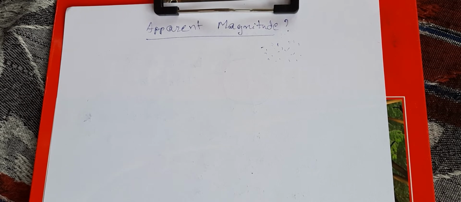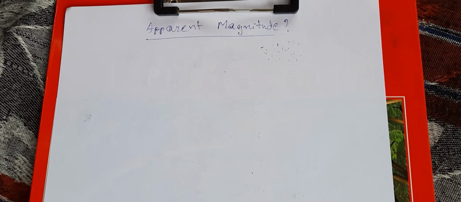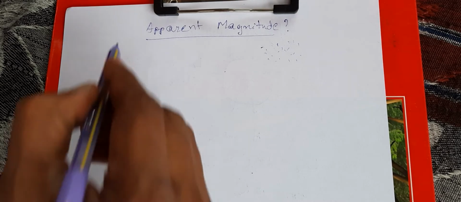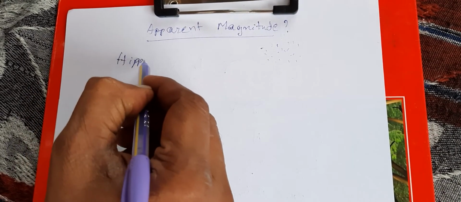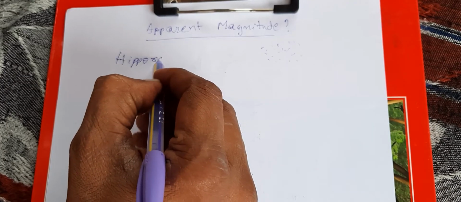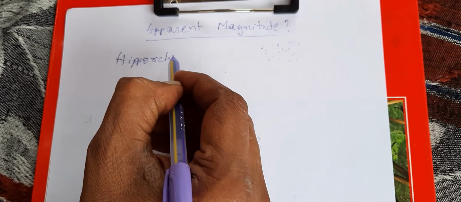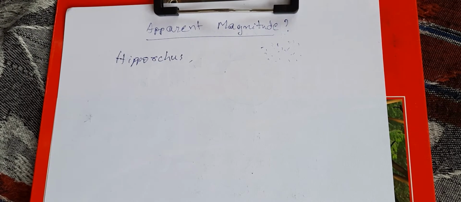Depending on the star's brightness, about 2 centuries before Christ, a person called Hipparchus, probably a Greek philosopher, classified the stars.